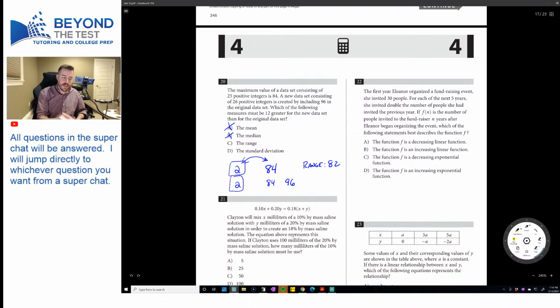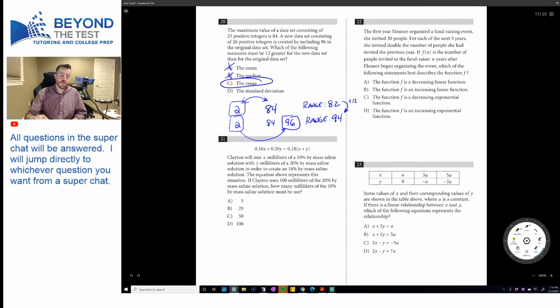Now in my new set, if I found the range from 2 to 96, the new range would be 94. It's the largest number minus the smallest. So you could see that the range went up by 12. That's guaranteed to go up by 12, which is why it must be our answer here.